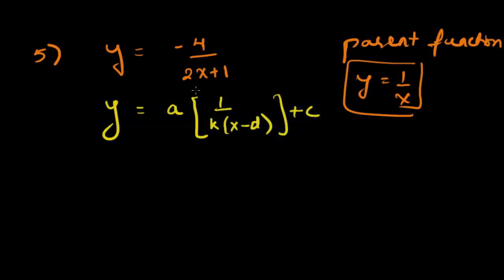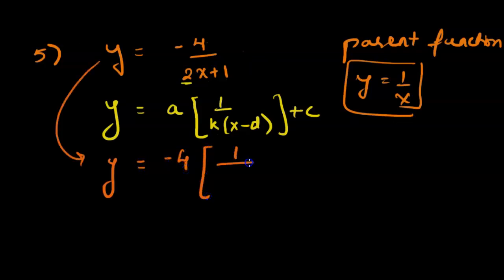Now in order to make this equation look like this equation, we would see that first we need to factor 2 out, because k has been factored out of x and d. And we notice here that a is outside the bracket, so it doesn't matter if a is written on top like this or outside the bracket. And we see that c is missing there. So how can we rewrite this equation? It's going to be y equal to -4, 1/2 is factored out. x is left from the first term.